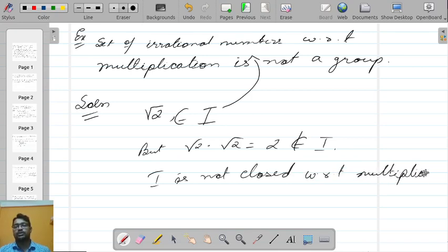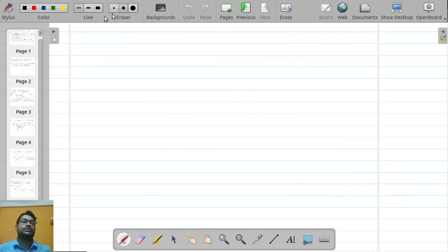The product of two irrational numbers is not guaranteed to be irrational; it may be rational also. That is the problem that crops up with irrational numbers. Some other examples, let us see in terms of matrices.